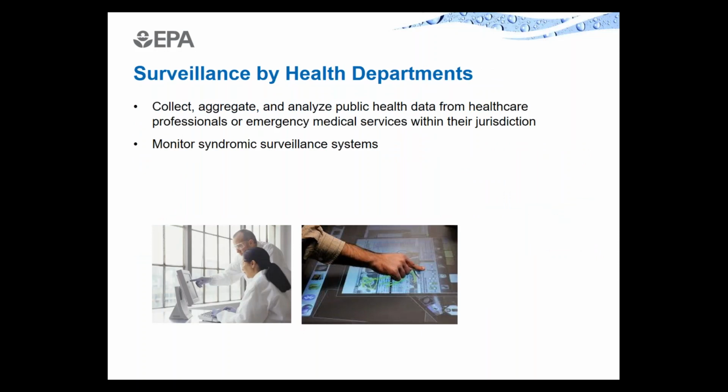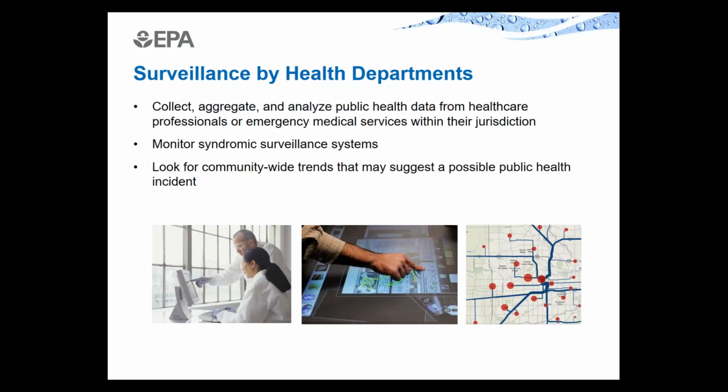To do this, they use syndromic surveillance systems like Essence and BioSense. And again, the purpose is to try to identify community-wide trends that might suggest a possible public health incident so that they can take steps to mitigate or control the public health incident and deal with the situation.